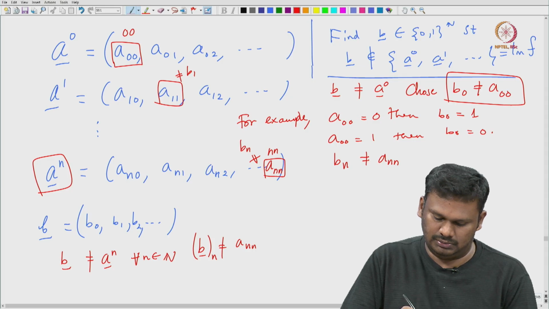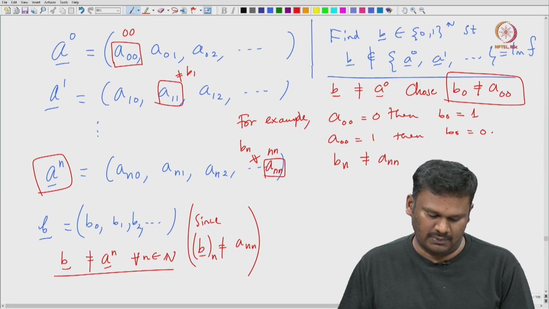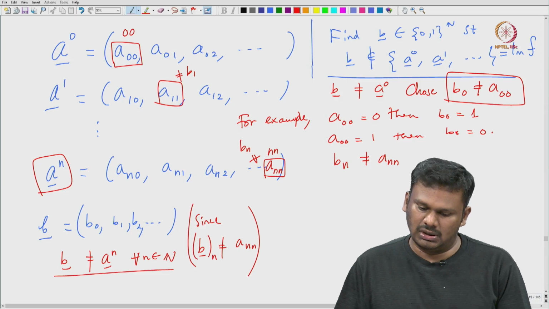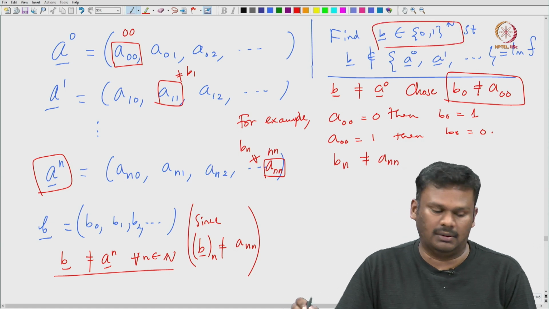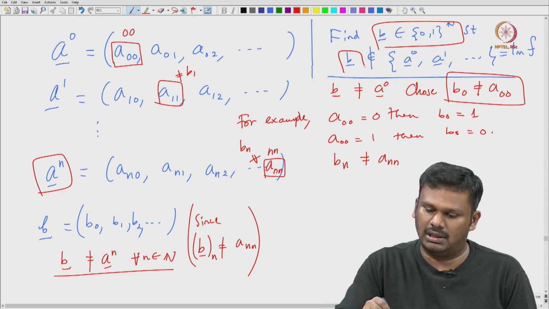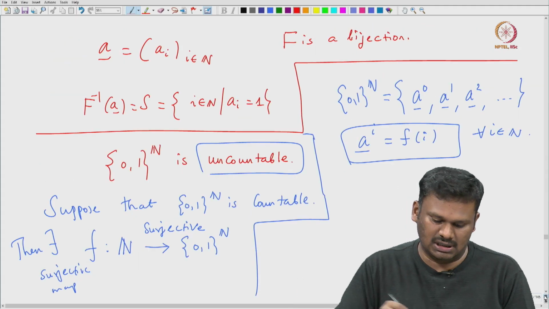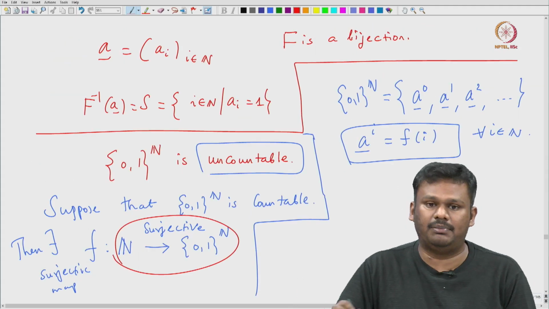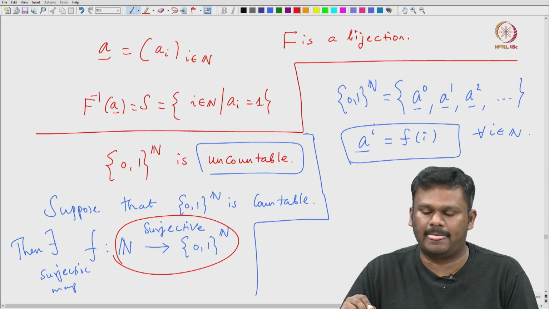So, because of this we will have this B bar is different from A n bar. So, that tells you that we got an element B bar from 0 comma 1 power N, such that this B bar is not an element in the image F. So, that means the original assumption that we have a surjective map is indeed not true. So, that proves that 0 comma 1 power N is indeed uncountable.